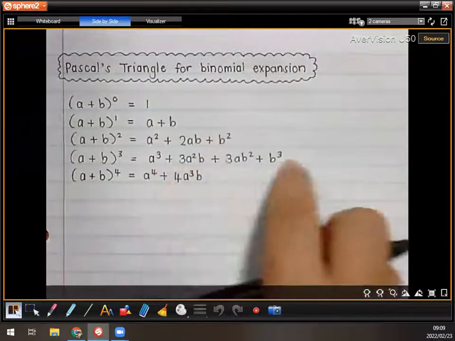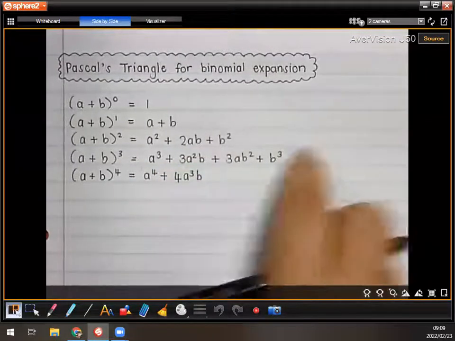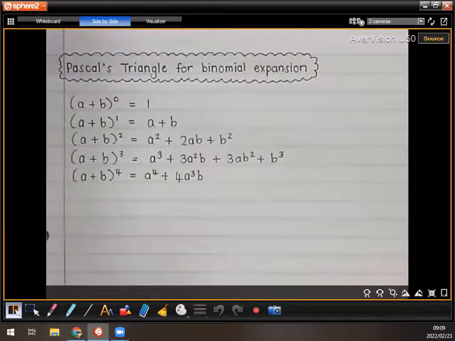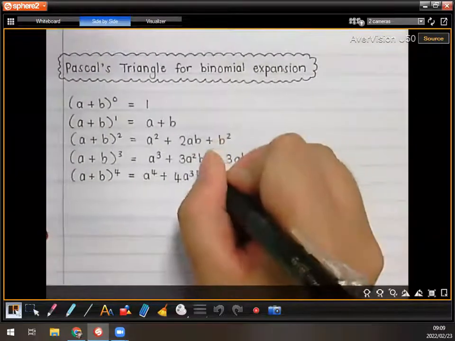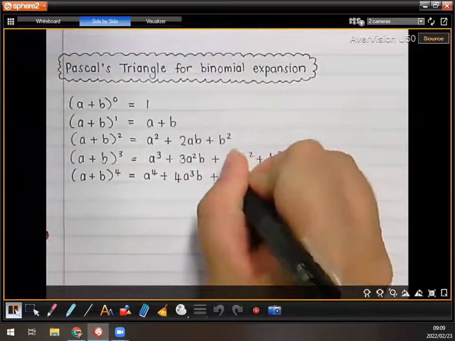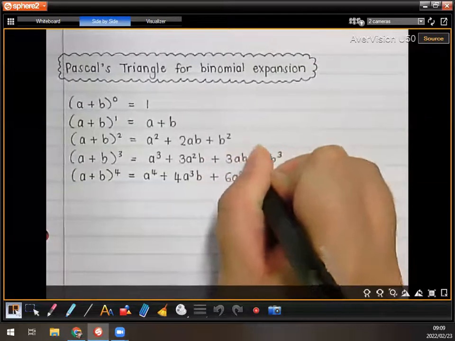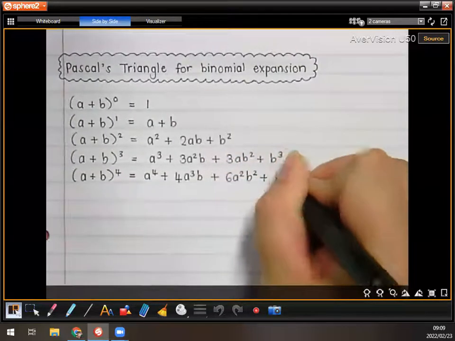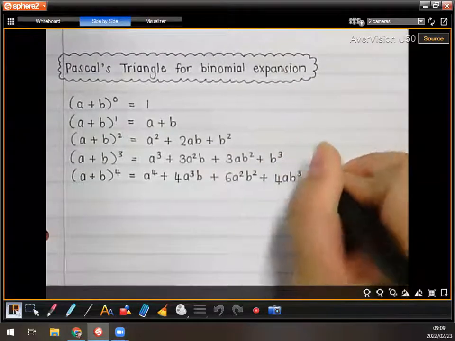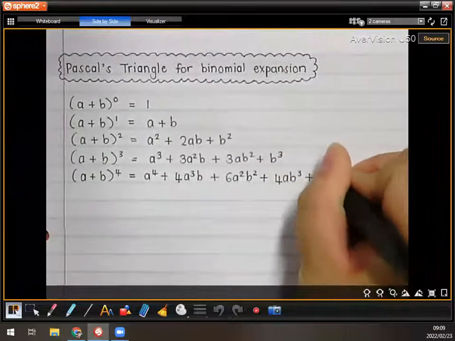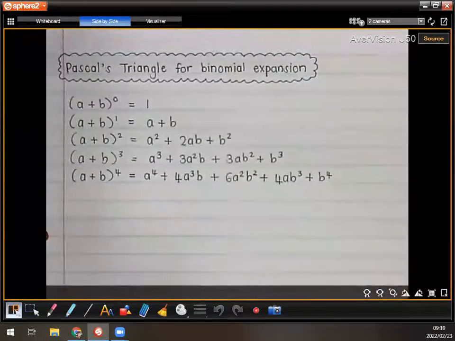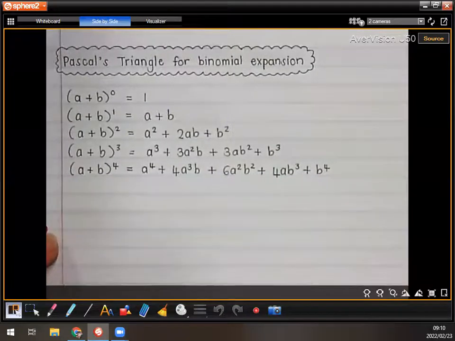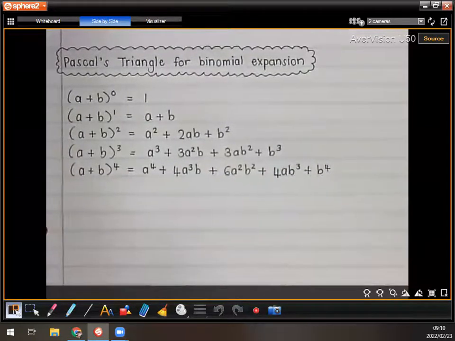This shortcut you could be tested on, but it's a relatively easy one, and we did also practice it in class. 6a squared b squared plus 4ab cubed plus b to the 4th. Okay, I'm going to stop there. We could go further than that.